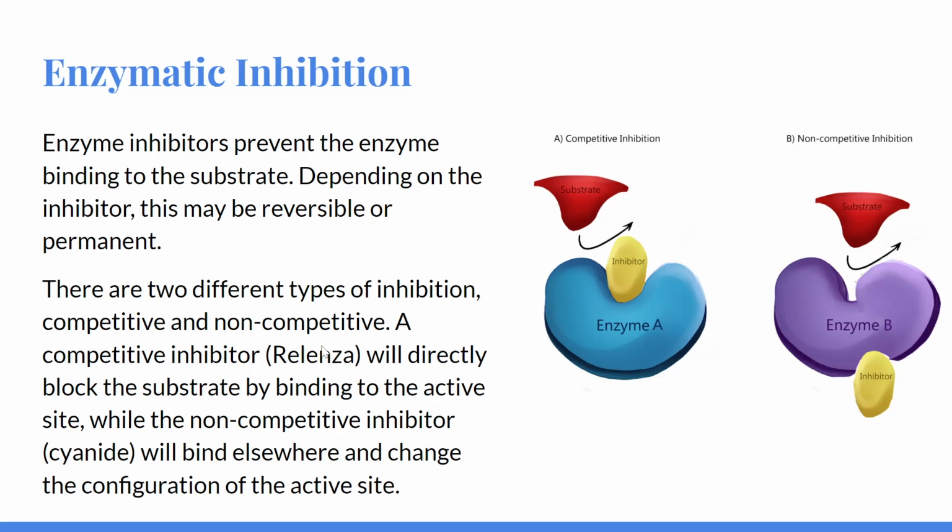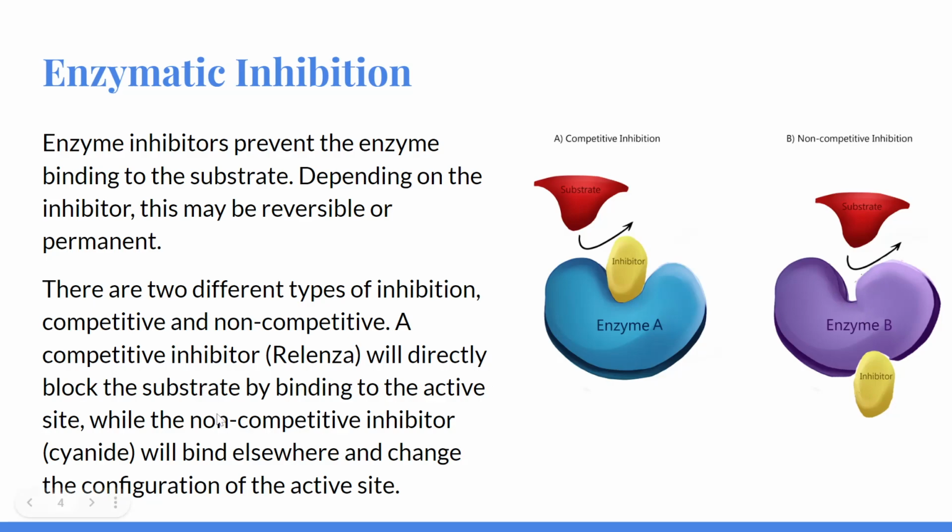An example of a competitive inhibitor is Relenza, which I believe is an antiviral, while non-competitive inhibitors will not try to bind at the active site, but bind at a place called the allosteric site, which is another site on the enzyme. Binding to the allosteric site changes the configuration of the molecule and its shape, so that the substrate cannot bind to the active site because it doesn't fit anymore.